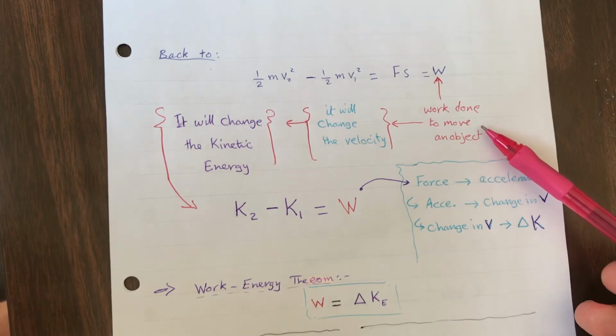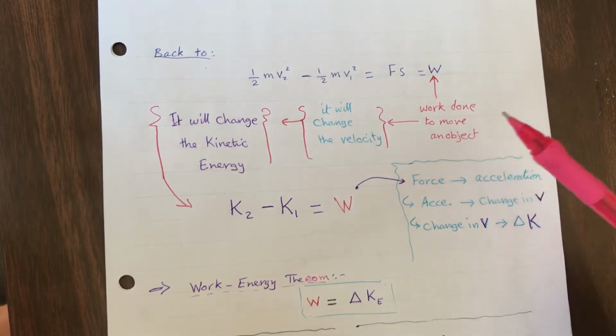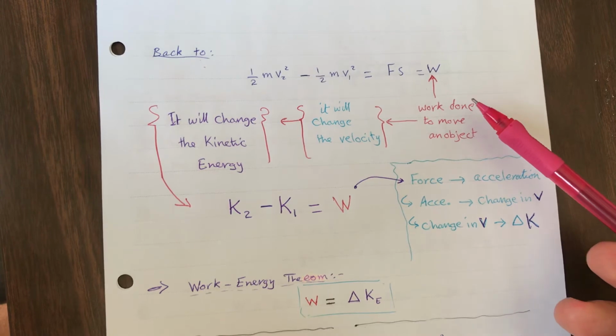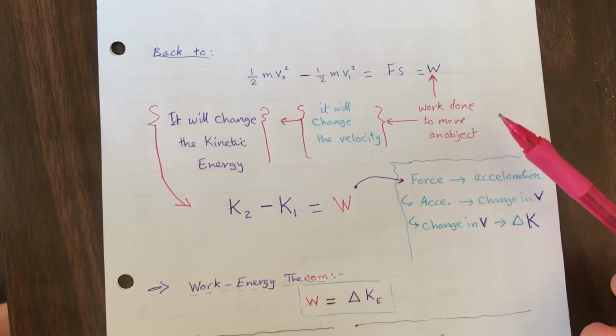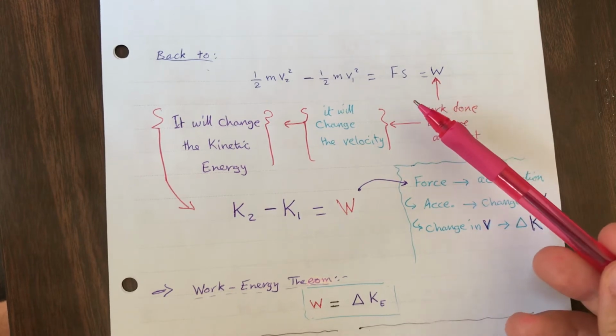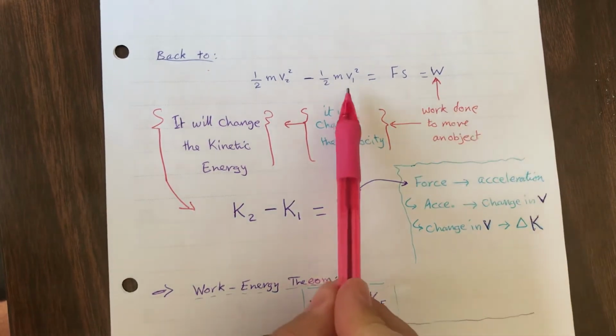If the object is moving or changes its velocity, then we have an applied force. The applied force generates this work. The applied force makes the object accelerate, then its velocity is changed from v initial to v final.